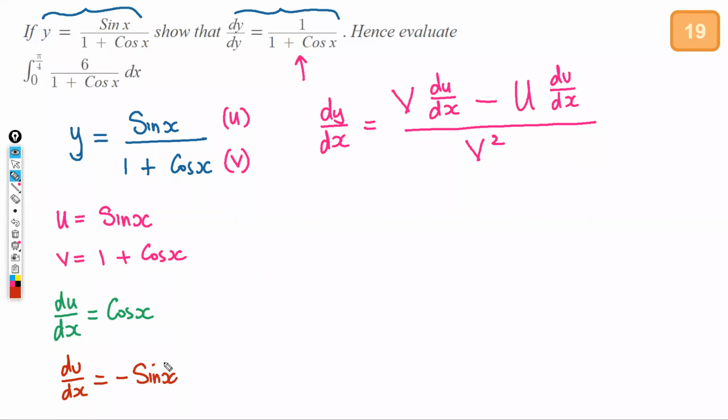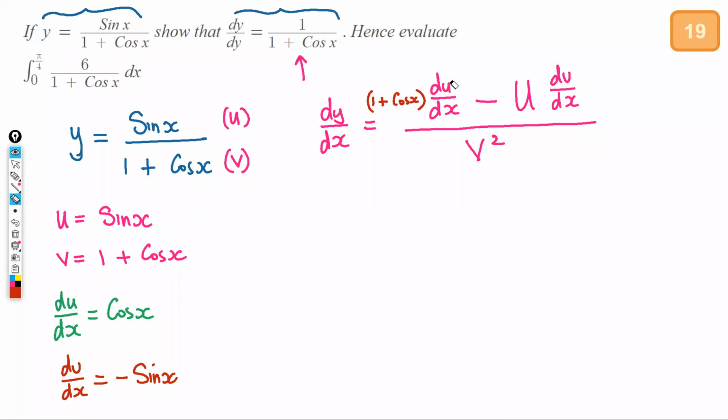Right. So let's substitute in everything here. v is how much? I'll erase the v and I will put 1 plus cos x. Right, so I should write this a little bit better. 1 plus cosine x du dx.